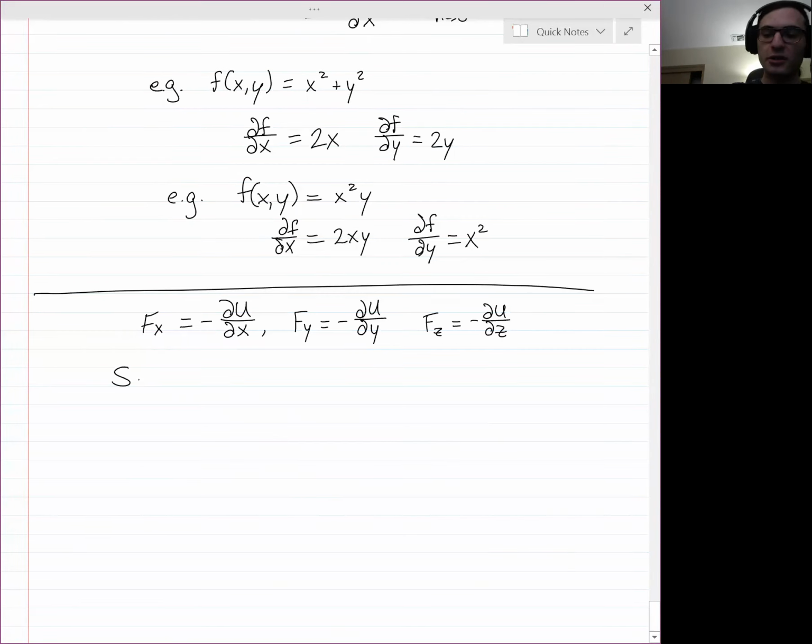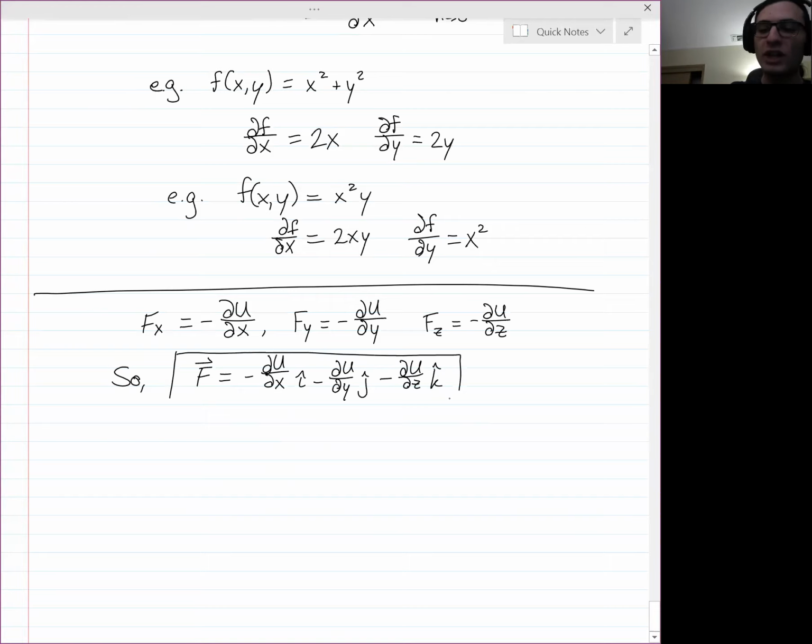That gets us that if you are given some potential energy function, the force is negative partial U partial x in the i hat direction, minus partial U partial y in the j hat direction, minus partial U partial z in the k hat direction.